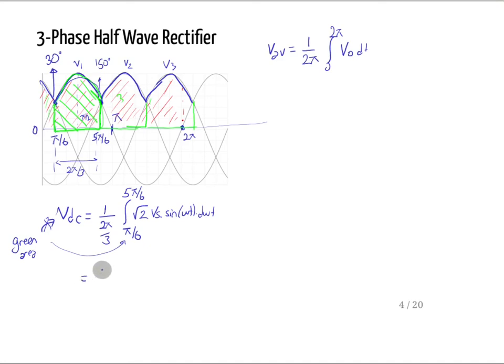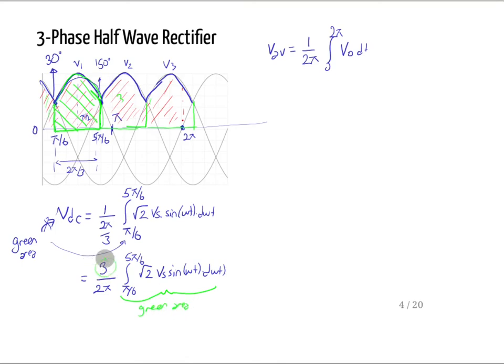Or what you can do is integrate from π over 6 to 5π over 6 of square root 2 Vs sine ωt d(ωt). So that part is the green area.